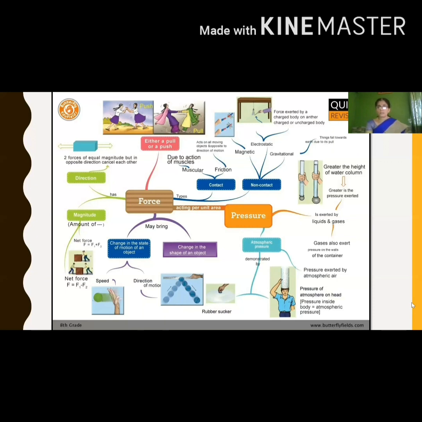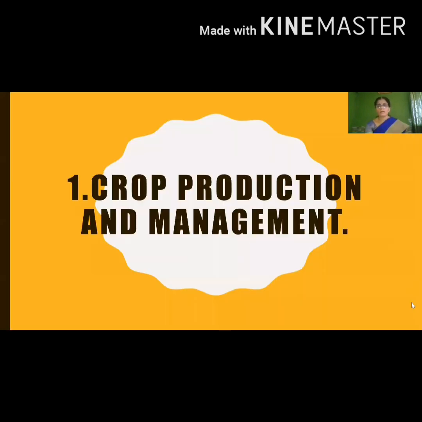So these different types, solid, liquid and gases, we have learned about pressure with so many activities. So children, this chapter is also very, very important. And now next, that is chapter number 1, crop production and management.